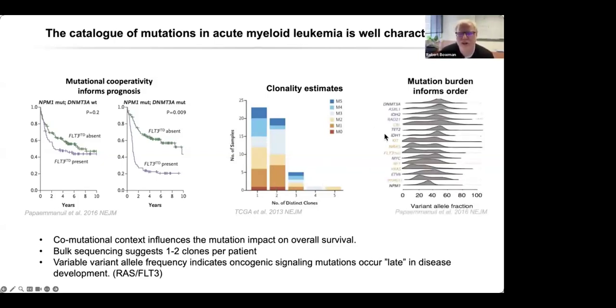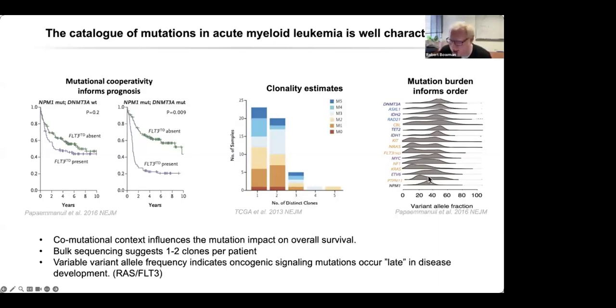So with these ideas in mind, the third thing that informs our understanding of leukemia genomics is the order in which these mutations occur. And we can infer that through variant allele frequencies, or how much of a sample is actually mutated. DNMT3A, for instance, is often found with a variant allele frequency of 0.5, suggesting it's potentially heterozygous in every single cell of a leukemia if it's mutated, or potentially there's a large number of homozygous cells in that sample.